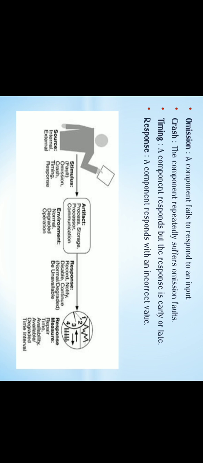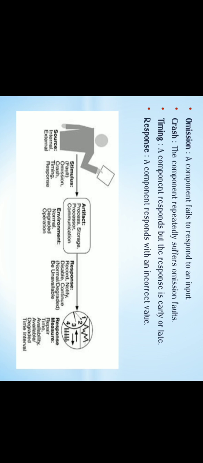Then it is called a crash. Timing means when I request the data, it may respond late. Response means the component responds with an incorrect value, and then also the system is not available. In all these four conditions the system is not available. This is the availability scenario.